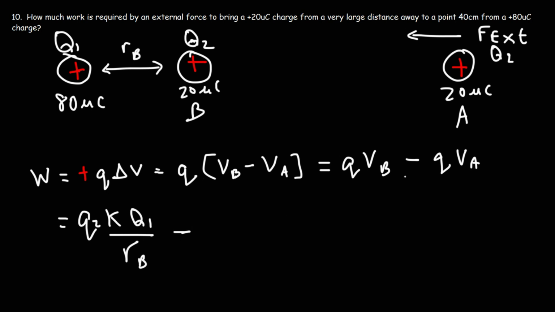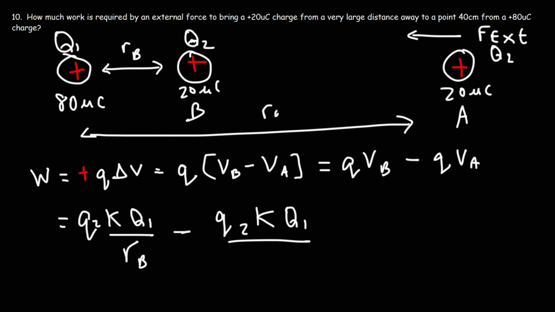And then minus, so this evidently is Q2 because we're moving Q2 from point A to point B, through a potential difference. So this is going to be Q2 times the electric potential generated by Q1 at point A. So that's K Q1 over the distance between Q1 and point A, which is RA.